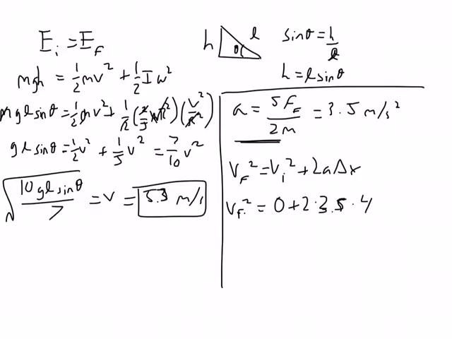And so you can see we can plug all those in and then take the square root. And so we will again get V final is 5.3 meters per second. Either way works. I think the question kind of leads you, if you did part B correctly, to use the kinematics approach. But if part B is hard, and you figured out part C, you could get it without ever doing part B.